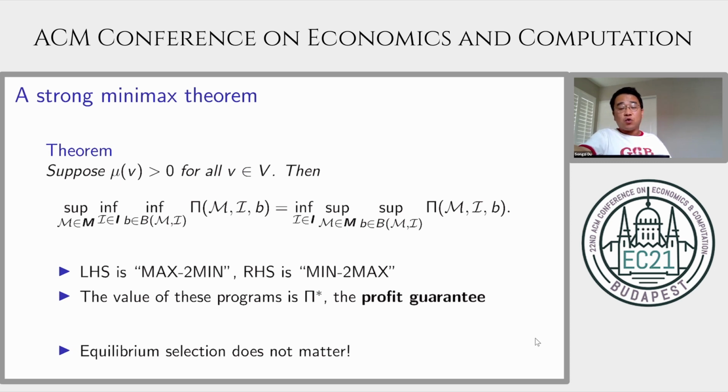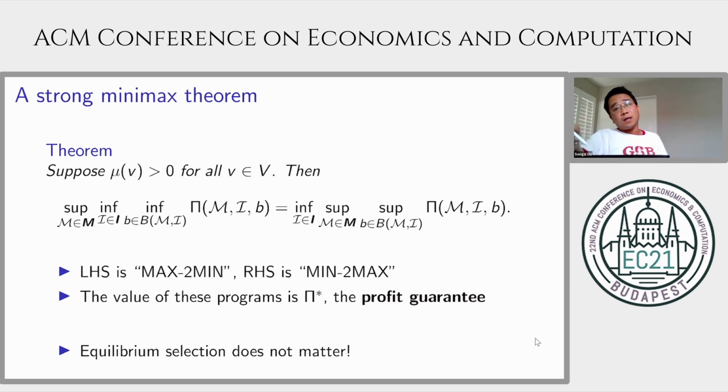Who gets to select the equilibrium doesn't matter. Because if we fix any equilibrium selection rule, we will just get something in between these two sides. Given any selection of equilibrium, we get something here, but if the two sides are the same, then they must be the same whatever the equilibrium selection rule that we use.